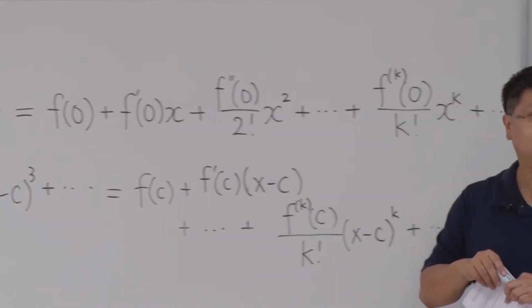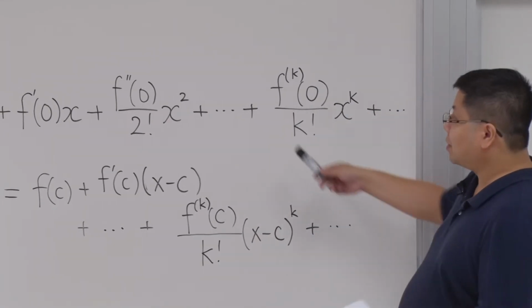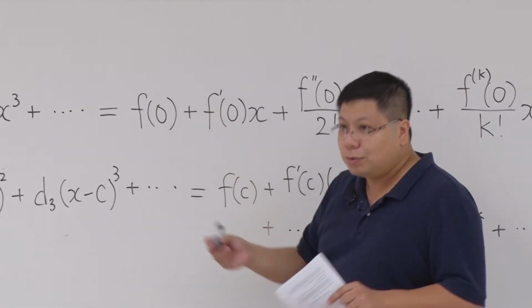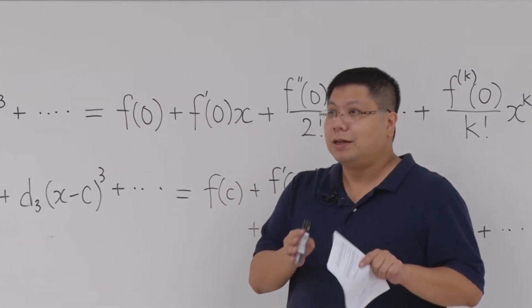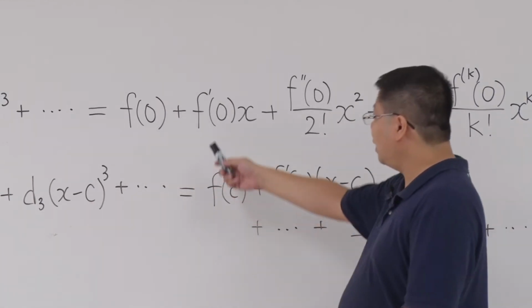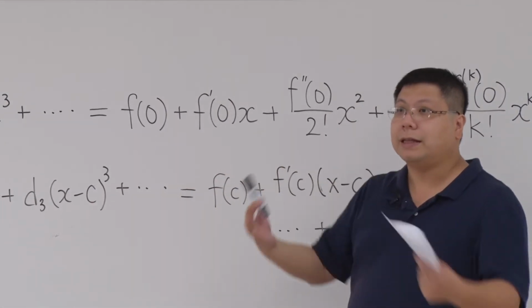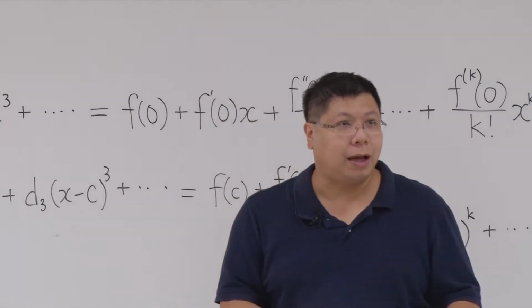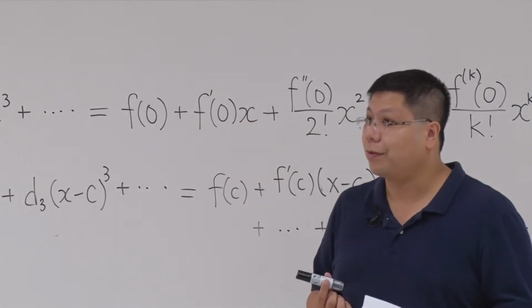Is that okay? Okay. So the purpose of having this one is what? You can use the local property. You just focus on the function at the point x is equal to 0 here, or x is equal to c here, and get the estimation. Okay. If you have the first derivative, you get more accurate estimation, and so on and so forth.